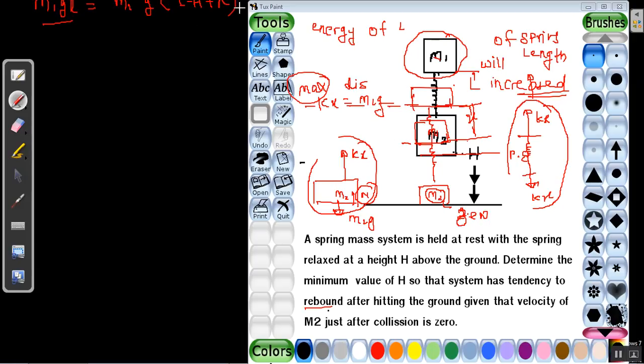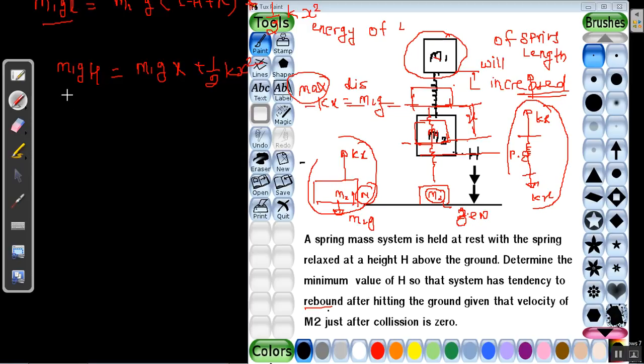So m1 g (l minus h plus x) plus the potential energy of spring, that will be half k x square. Okay guys, if you look at this you will find m1 g h is equal to m1 g x plus half k x square.